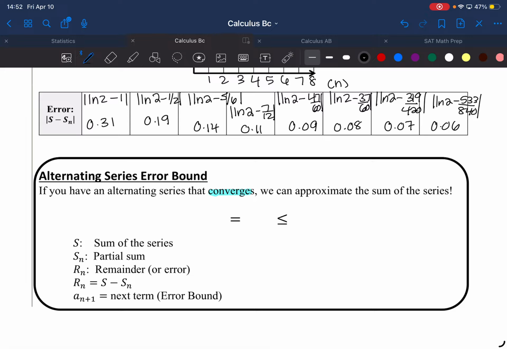So the formula for this is going to be the absolute value of s minus s sub n, the error, is equal to the absolute value of r sub n, which is the remainder it's sometimes referred to, or we're just going to use the term error, is less than or equal to the absolute value of a sub n plus 1. Okay, so again, this is the error. This is the error bound.